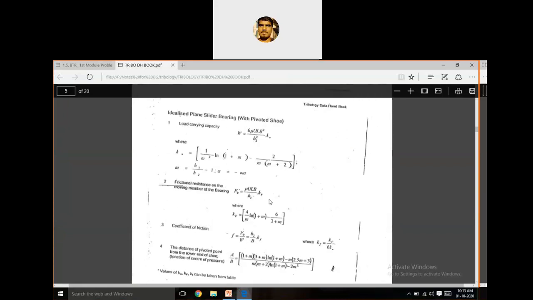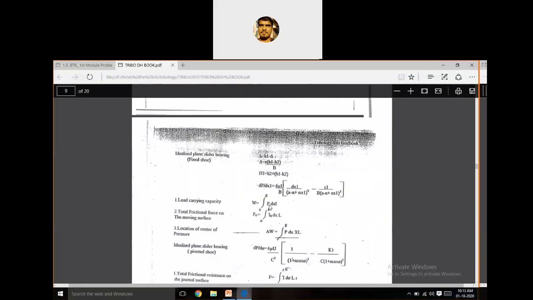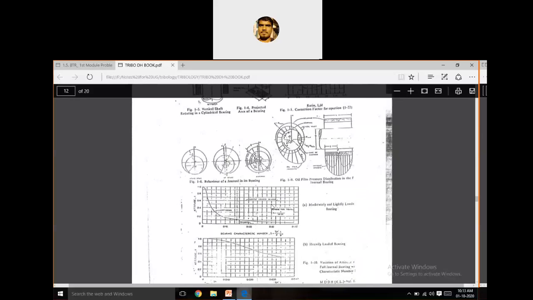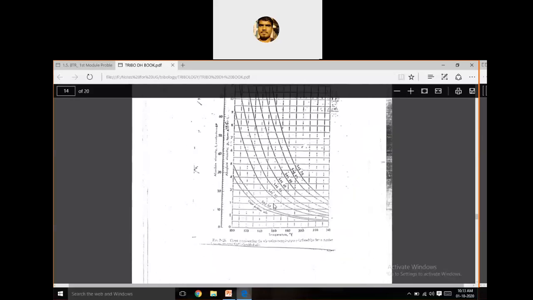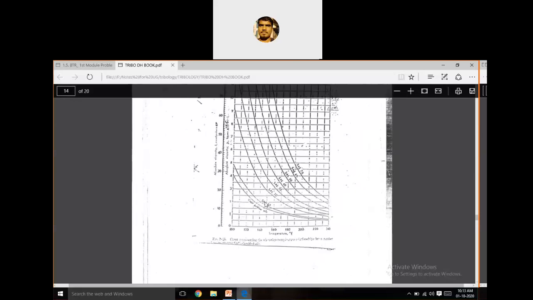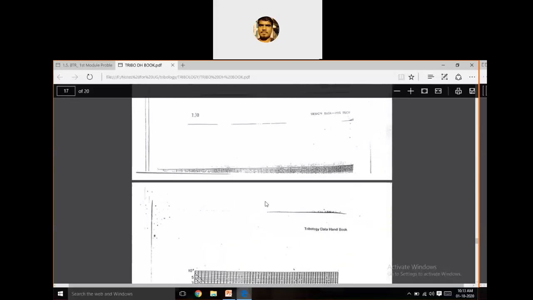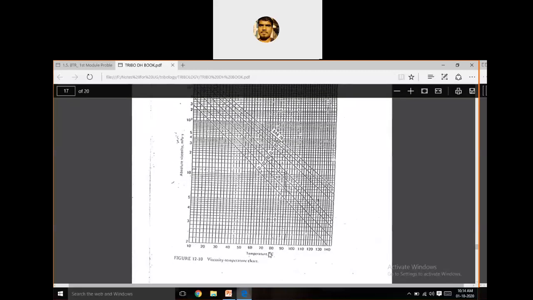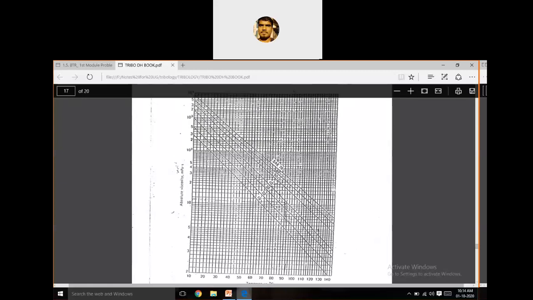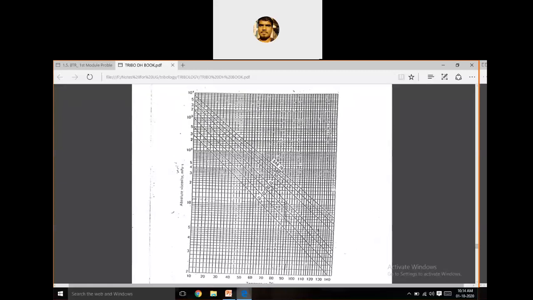Here you have a lot of graphs. In that you should refer to viscosity in terms of absolute viscosity, megapascal second, that is mu, against temperature. Here SAE 50, these are grades 10, 20, 30, 40, 50, 60, and SAE 50 with reference to 50 degree centigrade.